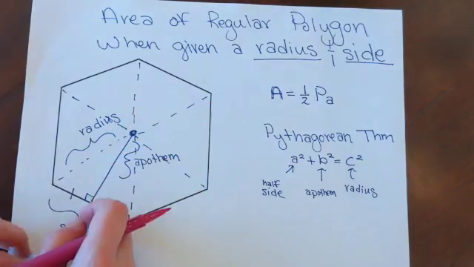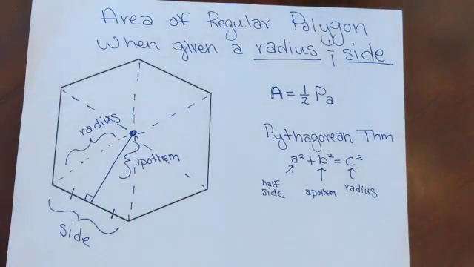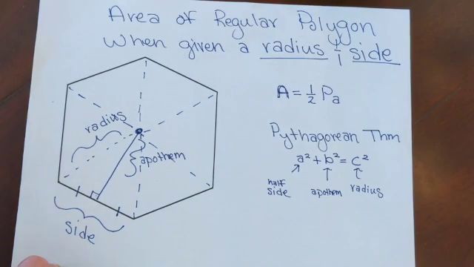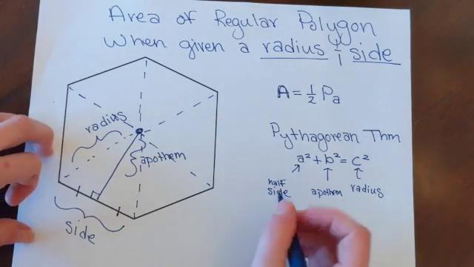So if we find the area for one of them, we can just multiply that by 6, and that will give us the area for the whole polygon, or the hexagon.